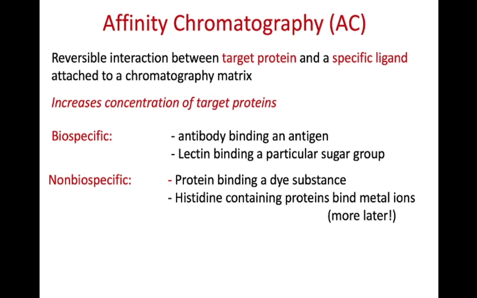If it's non-biospecific, it could be protein binding to a dye substance, or histidine-containing proteins which bind to metal ions, and we'll revisit this later. So this offers high selectivity and also high resolution.